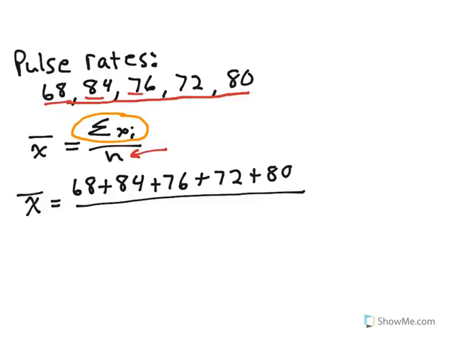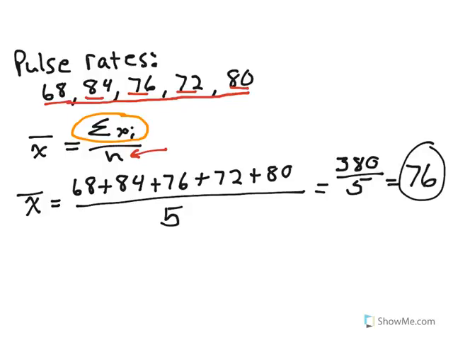There's 1, 2, 3, 4, 5. So we're going to divide by 5. When we add our numerator together, we get 380, divided by 5 gives us a mean pulse rate of 76.